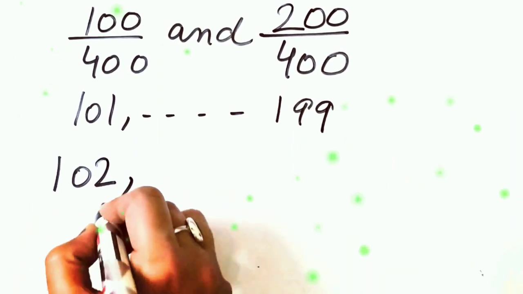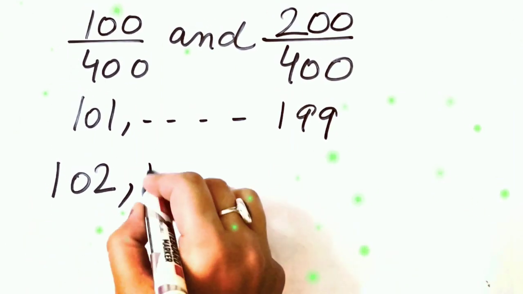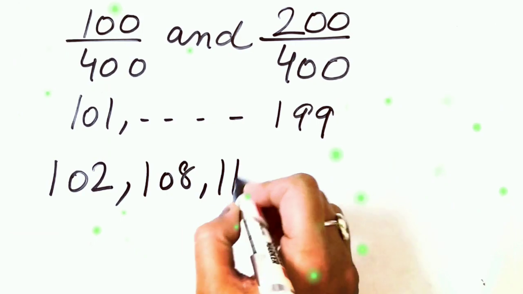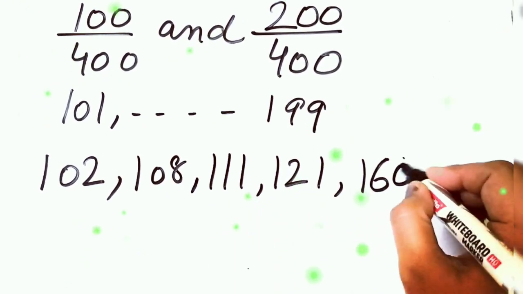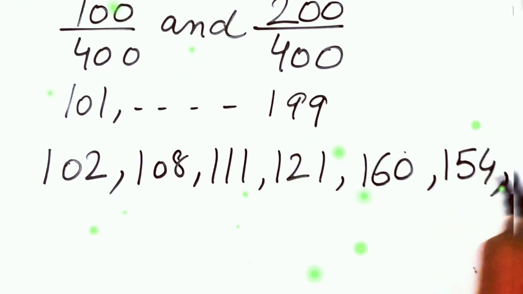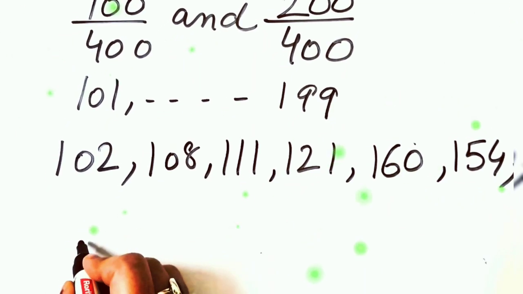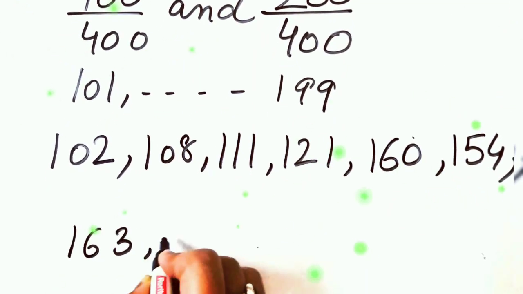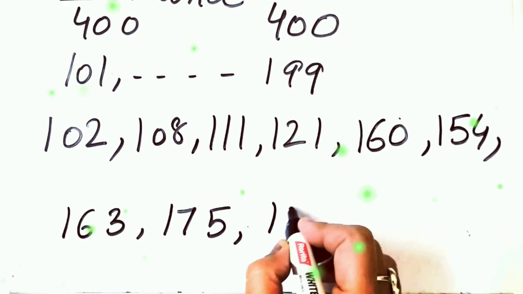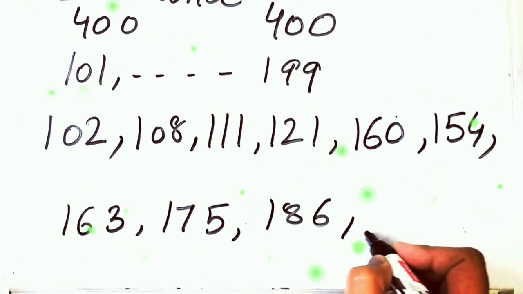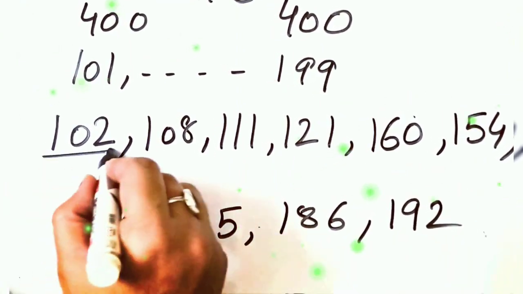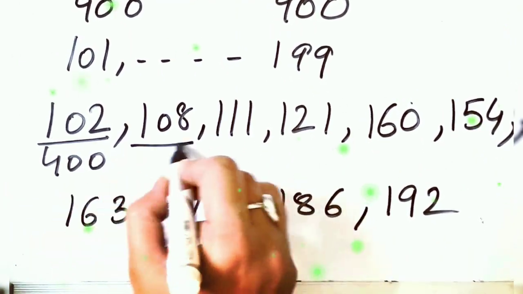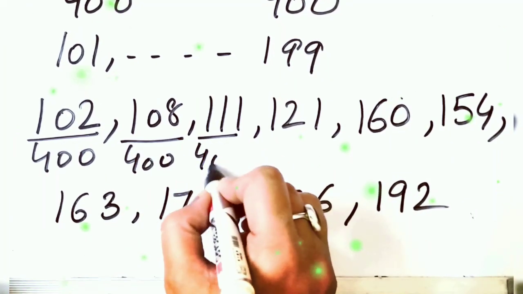We will take 102, 108, 111, 121, 160, 154, and 4 more numbers, 163, 175, 186, and 192. Okay, in the denominator you just have to write 400.